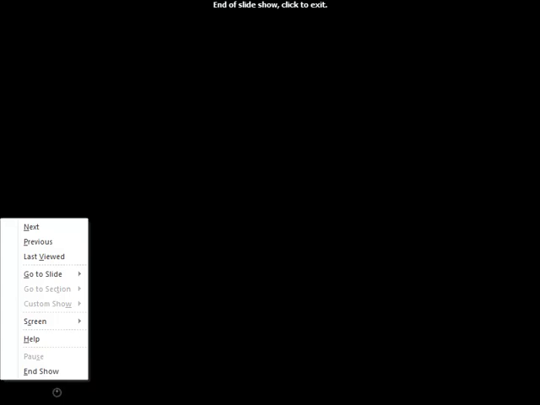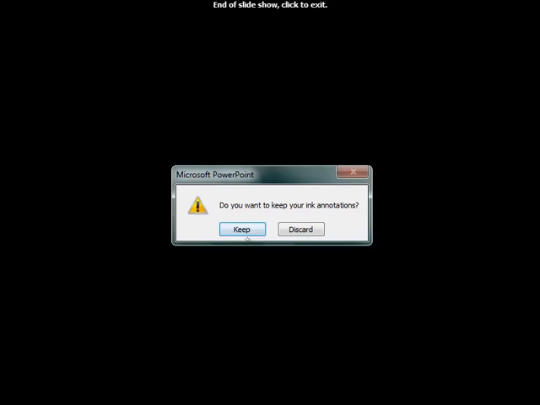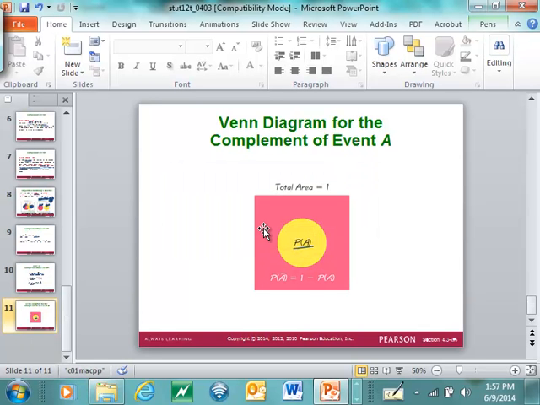So that's it for today. Short and sweet discussion regarding calculating the probability of one event or some other event.